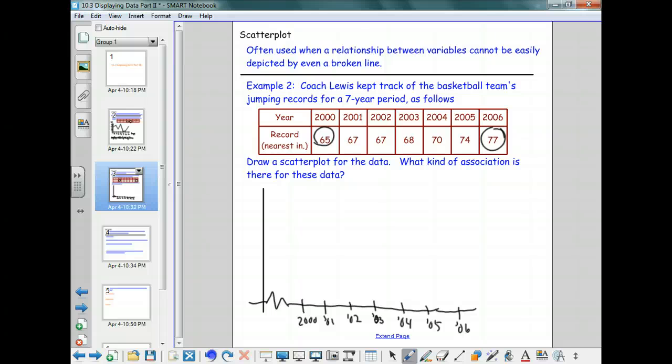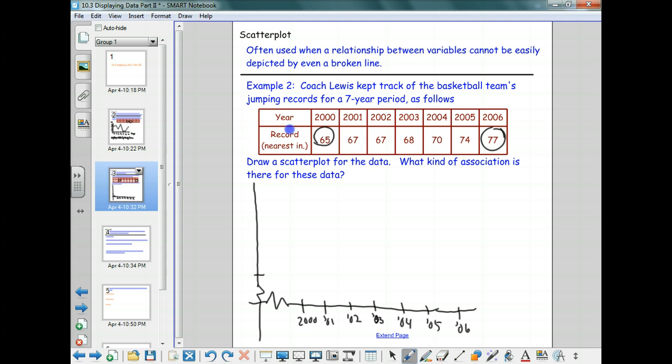But I don't really want it to start at 0, and I don't want there to be any implication that has scale issues going on. We're going to talk when we get to section 10.5 about some weird things that can happen. But I want to show that there's a break in my values here too. So I need to have this line come down and show that there's a break right here. I'm not starting at 0, in other words. Wherever I draw my starting part is not going to indicate that 0 is included.